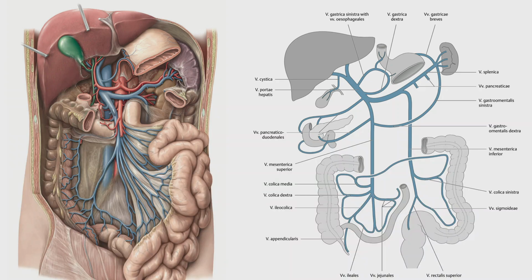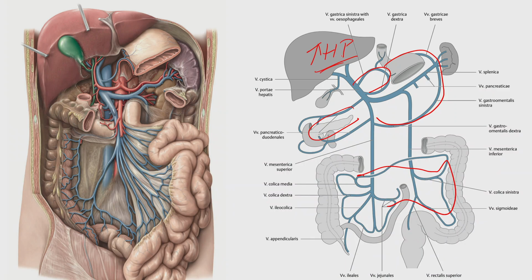This schema is showing those rings. You can see one ring, second ring, third, and in reality, fourth rings. Also, those communications are important, but more in situations when we have high pressure in the liver.